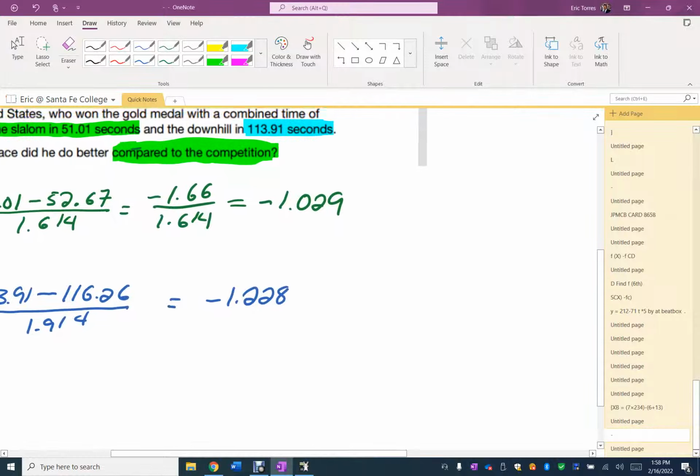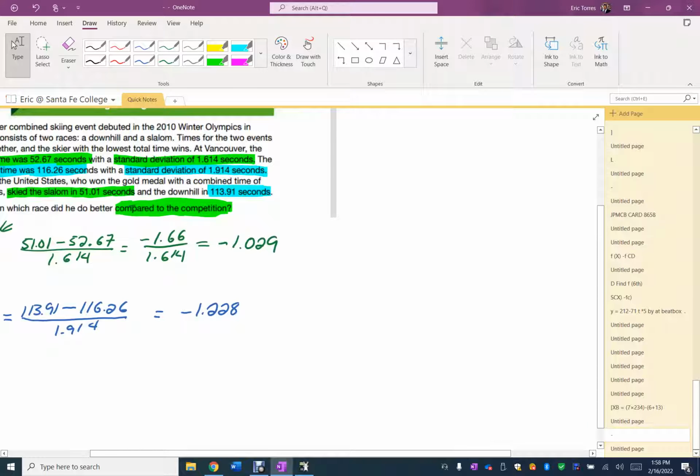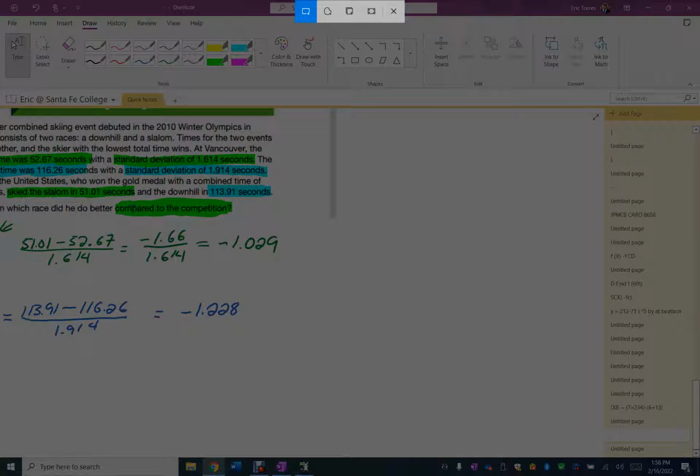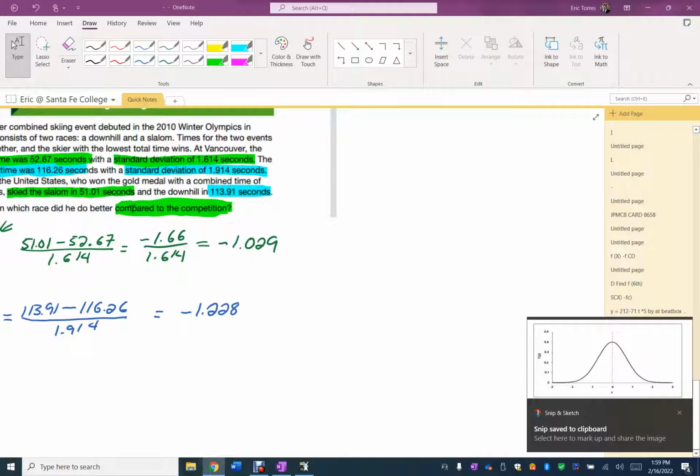Now, let's get a visual reference on this so we can really understand what's happening. To do that visual reference, I'm going to bring in a little graph here of the z distribution. I'm going to bring in two images.